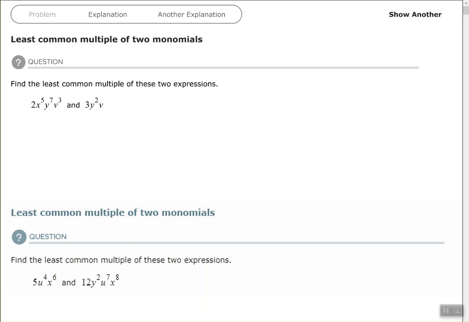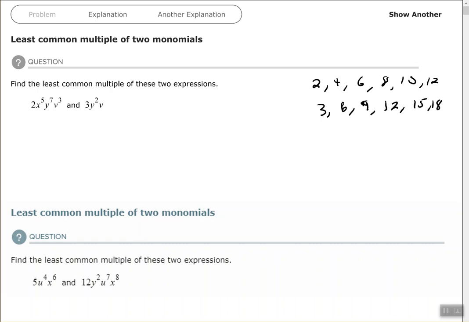In this video, we're going to look at the least common multiple of two monomials. So least common multiple. Think about your multiples of numbers. If we look at 2, multiples of 2 would be 2, 4, 6, 8, 10, 12, and so on. Multiples of 3 would be 3, 6, 3 times 3 is 9, 3 times 4 is 12, and then 15 and 18 and so on.